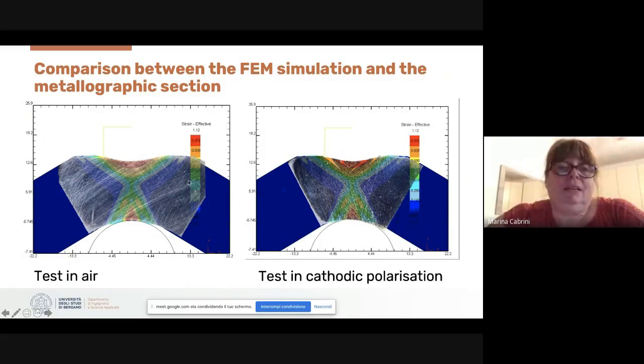After the test in air, we can see that there is very good agreement between the final shape of the specimen and the simulation. And it is possible to observe that in cathodic polarization there were cracks, and these cracks follow the strain path evidenced in the simulation.